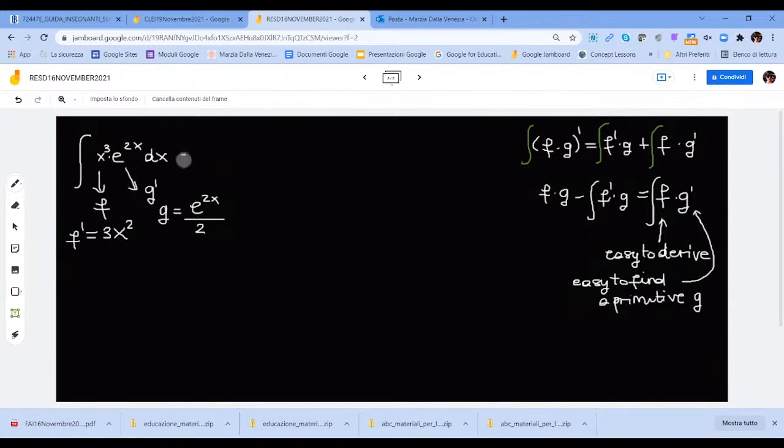Okay, so let's write exactly the formula that I have on the right side.